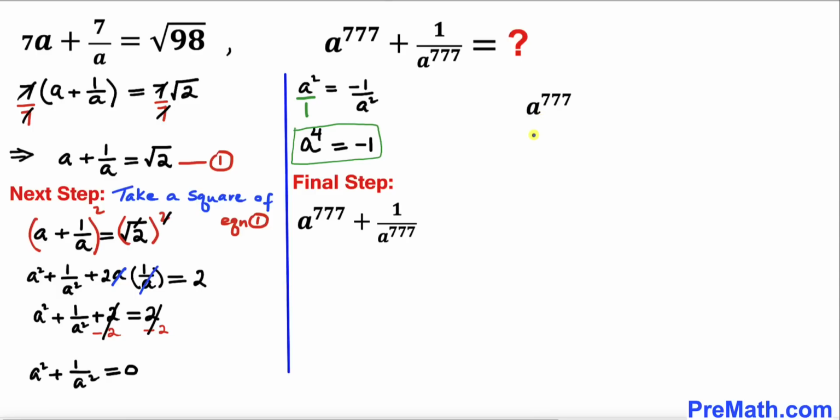This could be written as a to the power 1 times a to the power 776. Now we know that 776 could be written as 4 times 194. So a to the power 777 could be written as a times a to the power 4 times 194.